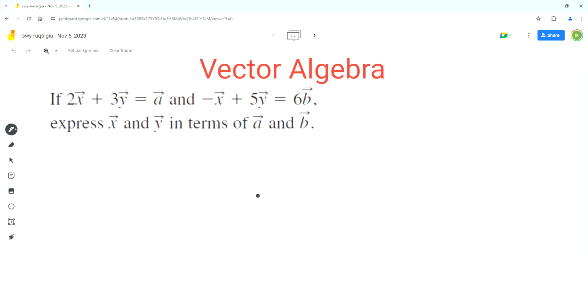So we have to use these two given vector equations to solve for vector x and y.